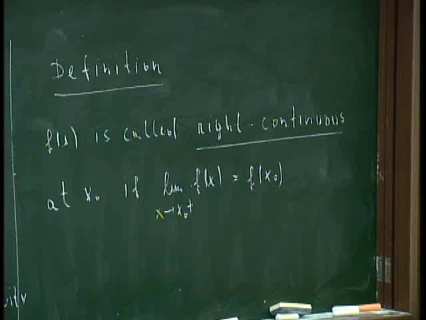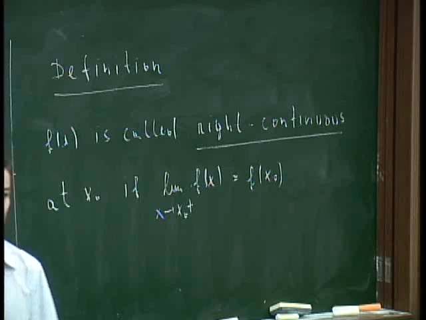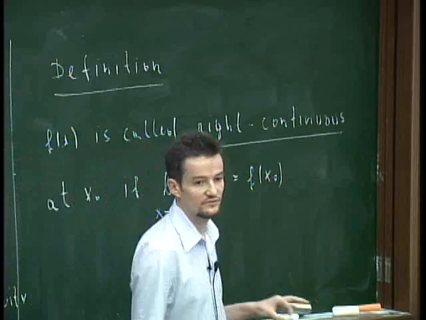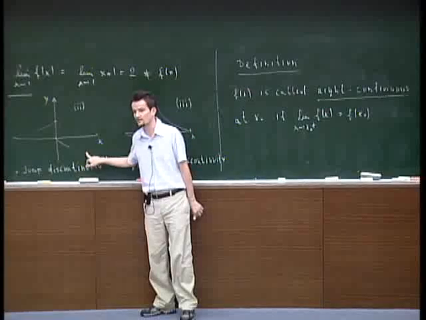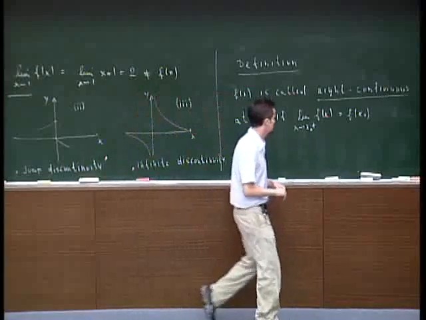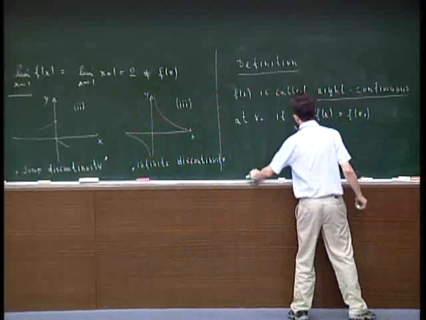So the function is continuous everywhere. If continuous is now right continuous, so this function is right continuous everywhere. Okay. And similarly, you have a definition for left continuous.